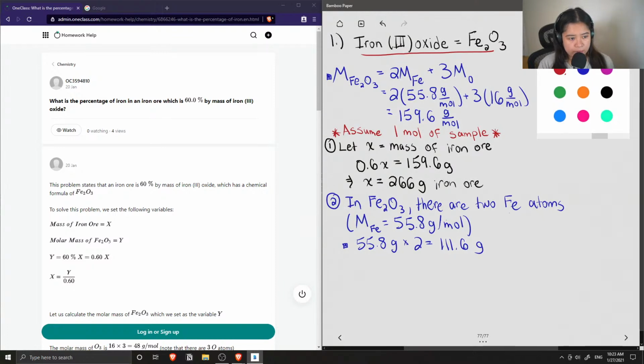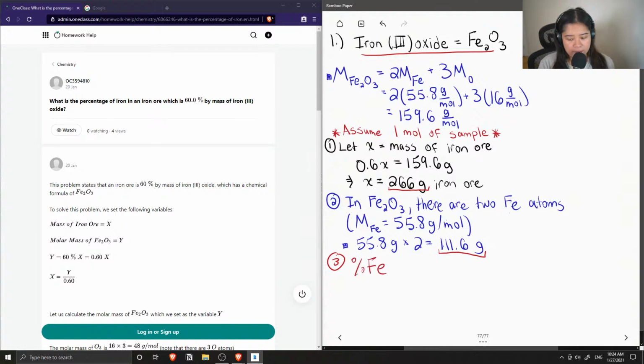So we know the mass of iron ore, which is 266 grams, and now we also know the mass of iron. So now, step 3 is to find the percentage of iron in iron ore.